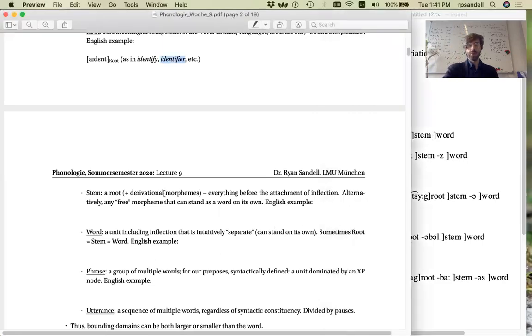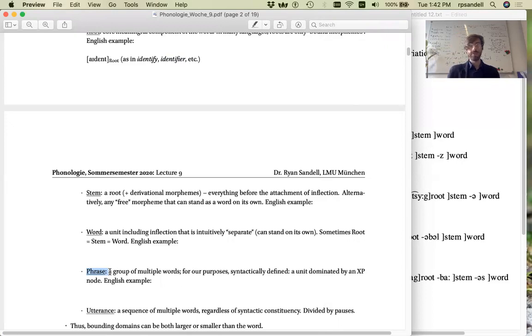Above the level of the word, then we start looking at syntactic structure and thinking about how syntactic structure maps onto phonological structure. This is a really interesting area of phonological research, which continues to be debated. There are lots of hypotheses in terms of how exactly phonological phrases are built.